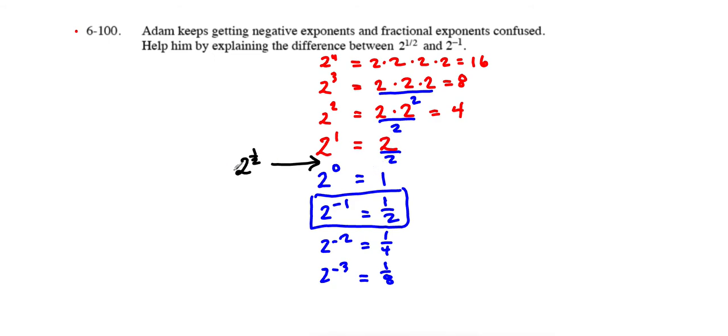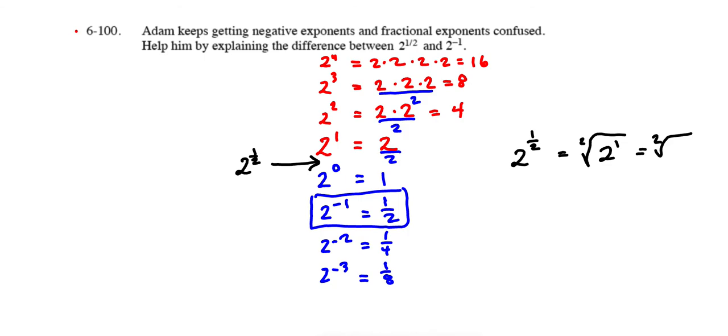So 2 to the 1/2 power is the same thing as saying our power over our root. So this is 2 to the first power, and then we're going to take the second root of it, which is really just taking the square root of 2.